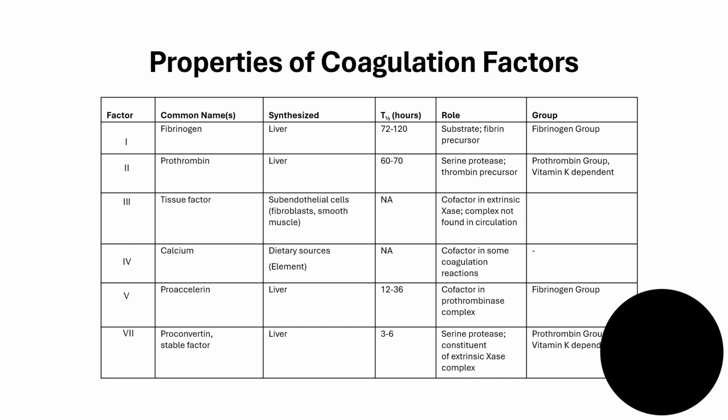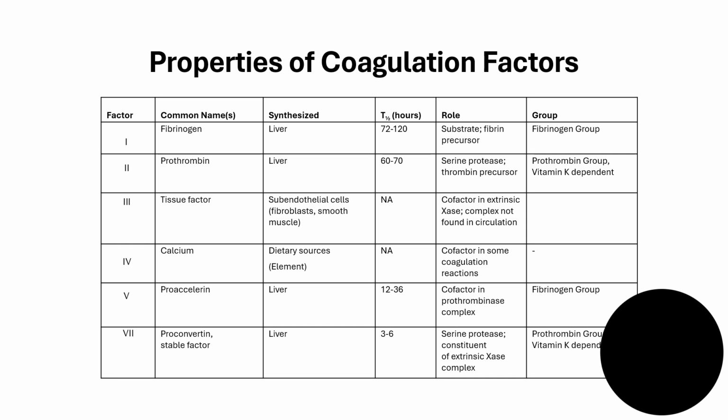The first, fibrinogen, factor 1, synthesized in the liver, is really the substrate or the precursor to fibrin formation and belongs to the fibrinogen group. Factor 2 is prothrombin, which is also produced in the liver, and it is a serine protease, which is a thrombin precursor, and it belongs to the prothrombin and vitamin K dependent group.